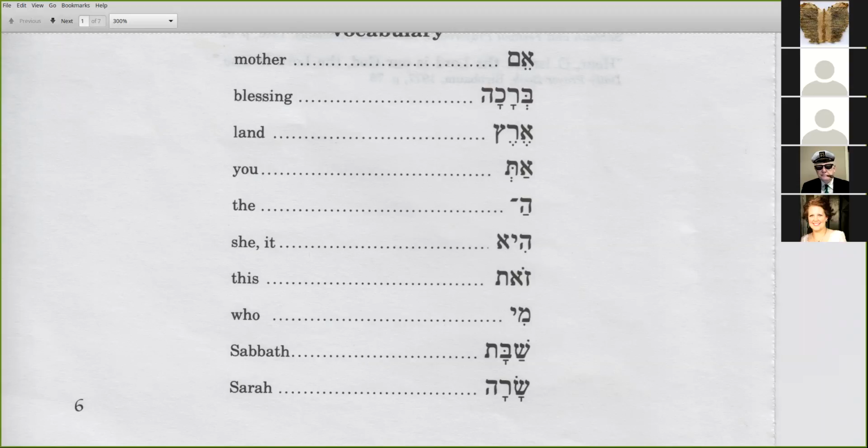So if we remember, for this vocabulary we have em for mother. We have barakha. And now I mentioned that the transliteration should be more like this, B-R-A-C-H-A, because we have a shva here. So that is like a short sound.